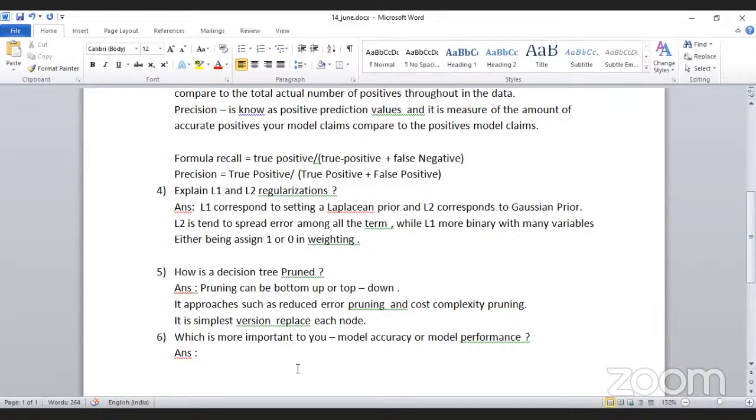However, this will be useless as a predictive model. A model designed to find fraud that asserts there is no fraud at all, for what purpose are we using that model? So yes, my model performance should be good. Model accuracy is just a subset of that. So it can be a question in an interview.